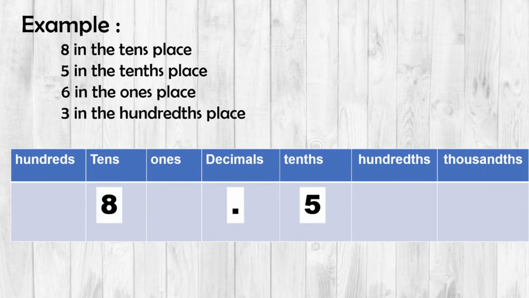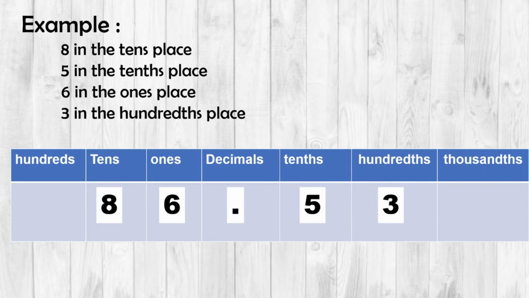Ayan. The next, 6 in the ones place. Nasan yung ones? Andito yung ones, diyan natin ilalagay si 6. The next, last, 3 in the hundredths place. Nasan yung hundredths? Eto. Dito mo ilalagay si 3.